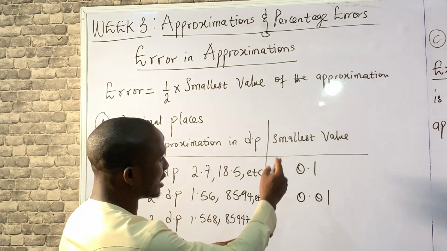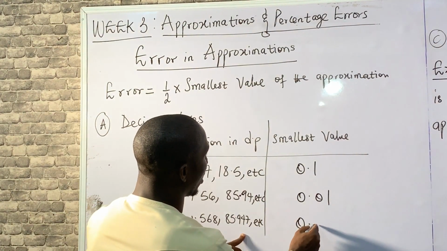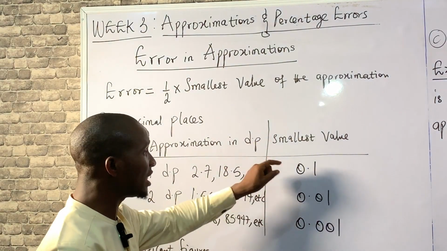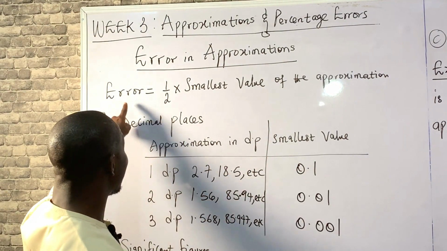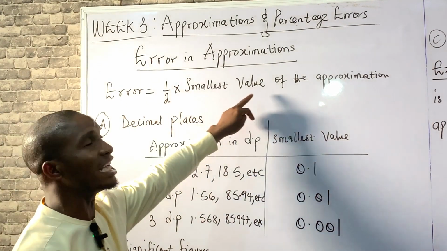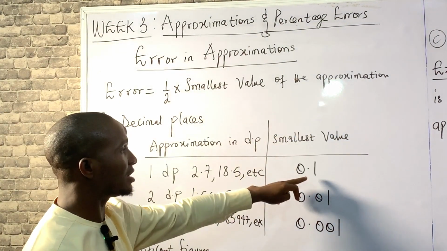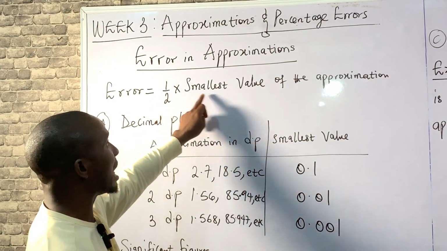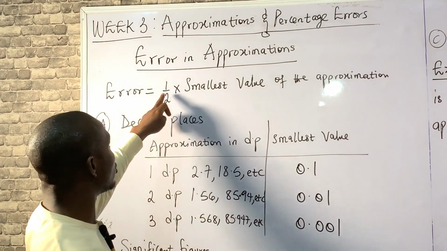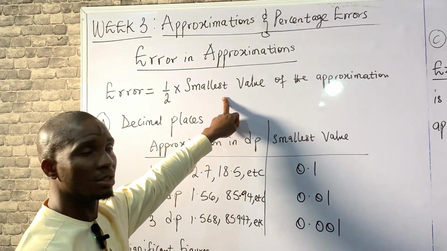The smallest value is going to be 0.001. So for each approximation, you can estimate your error by saying 1 over 2 times that smallest value. If the smallest value is 0.1, it's going to be 1 over 2 times 0.1. If the smallest value is 0.01, the error is going to be 1 over 2 times 0.01.